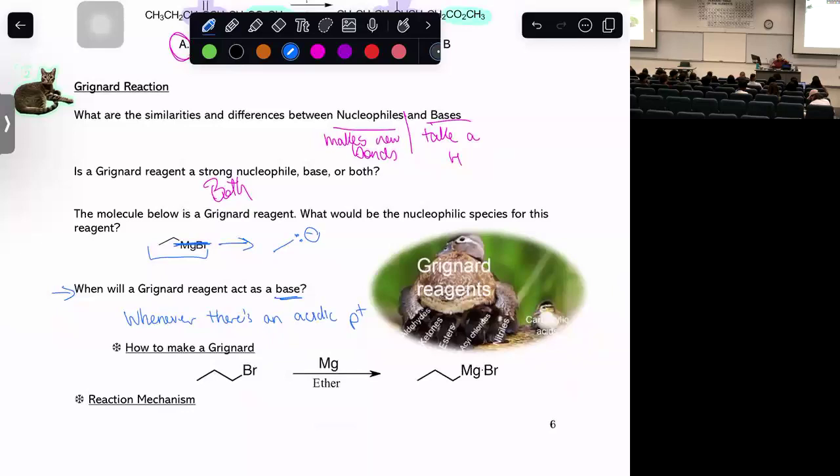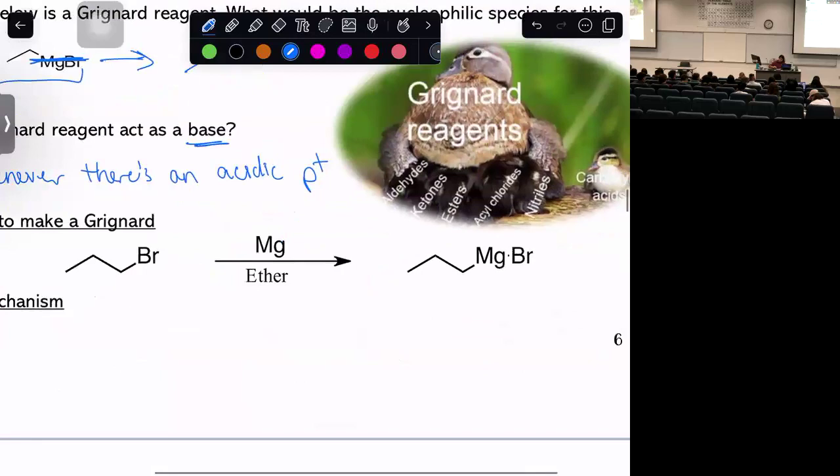Now, before we even talk about the actual reductions, sometimes you're going to get a multi-step problem in which you first have to make your Grignard reagent. To do that, first of all, you are going to start with a molecule that has a carbon chain and a halogen. Do you guys remember the name for that functional group? Alkyl halide, beautiful. This is just your alkyl halide.